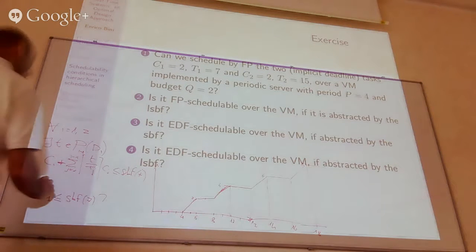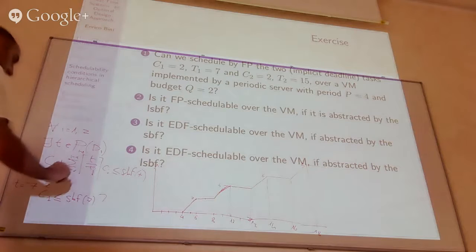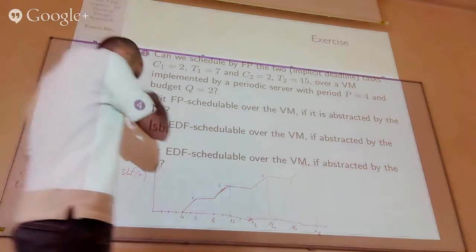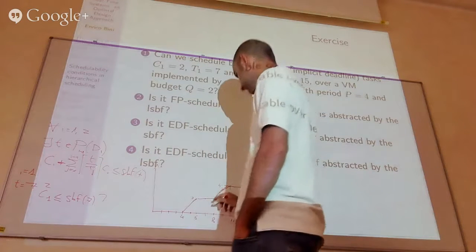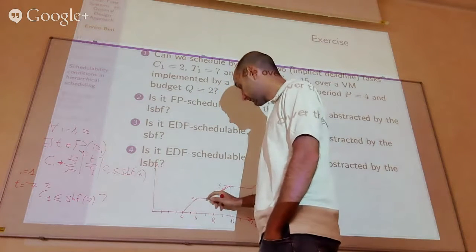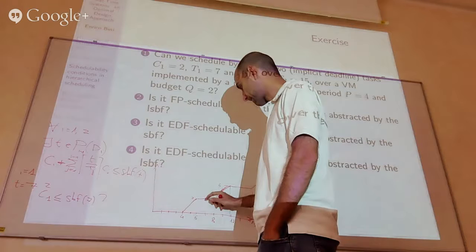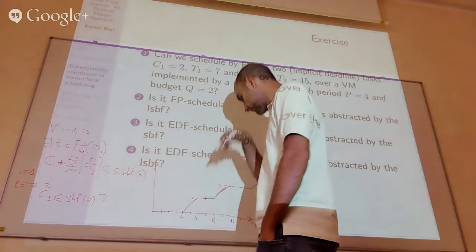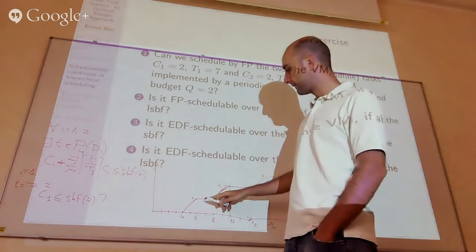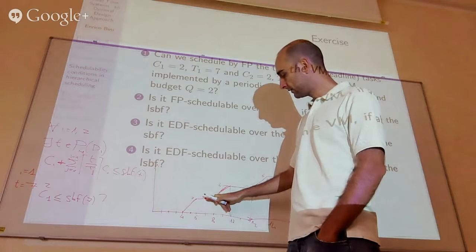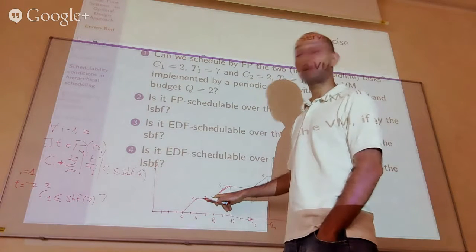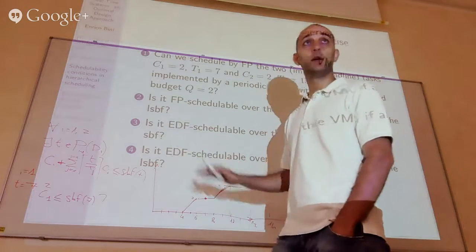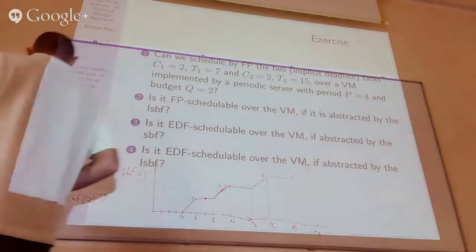So we have to check if 2 is less than or equal to SBF of 7. SBF of 7 is here. So we have this point here. It's okay, because SBF is exactly 2. So the first task is guaranteed.